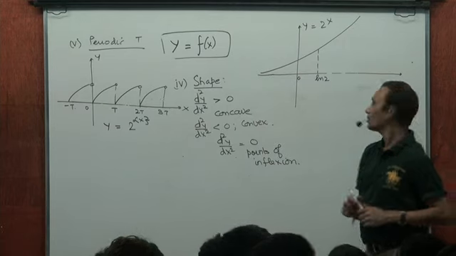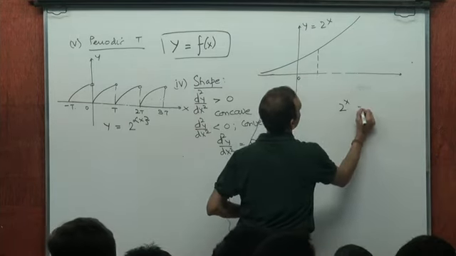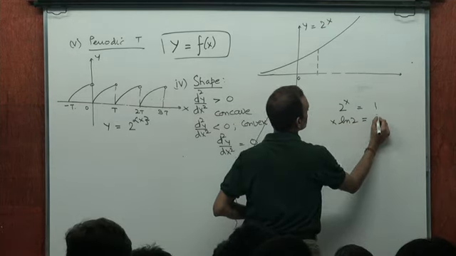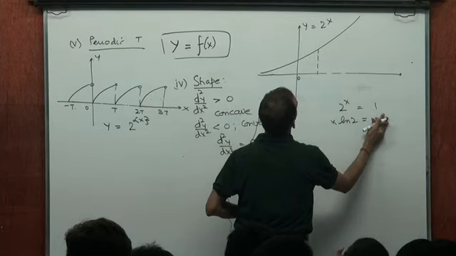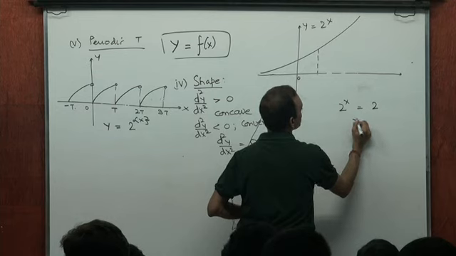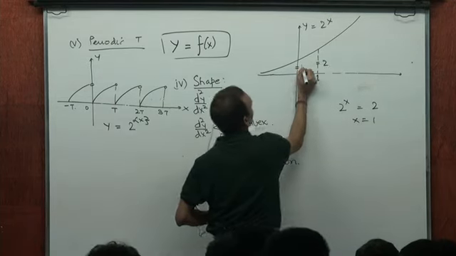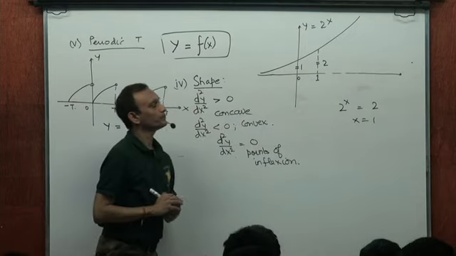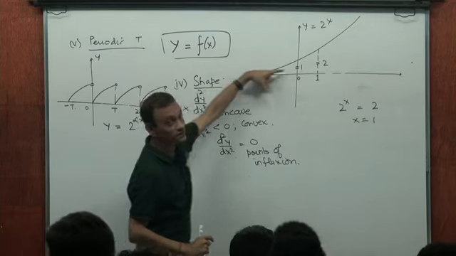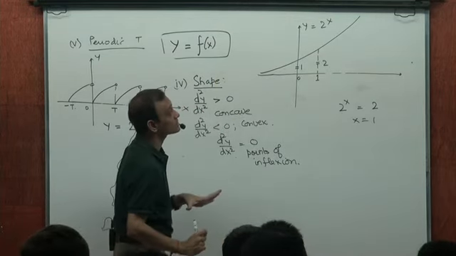Right? 2 to the power x will be 1 when x is 0, and 2 when x is 1, right? Now this curve y is 2 to the power fractional part of x.